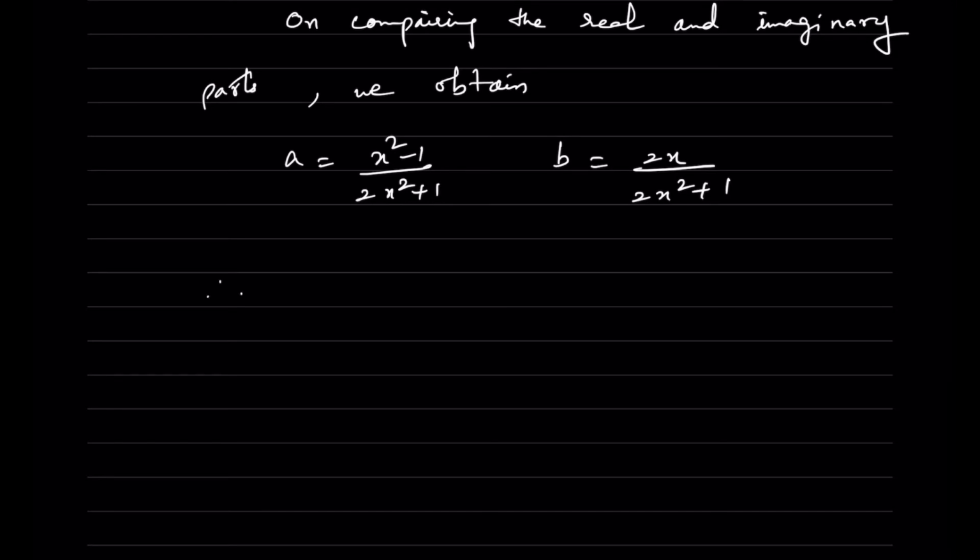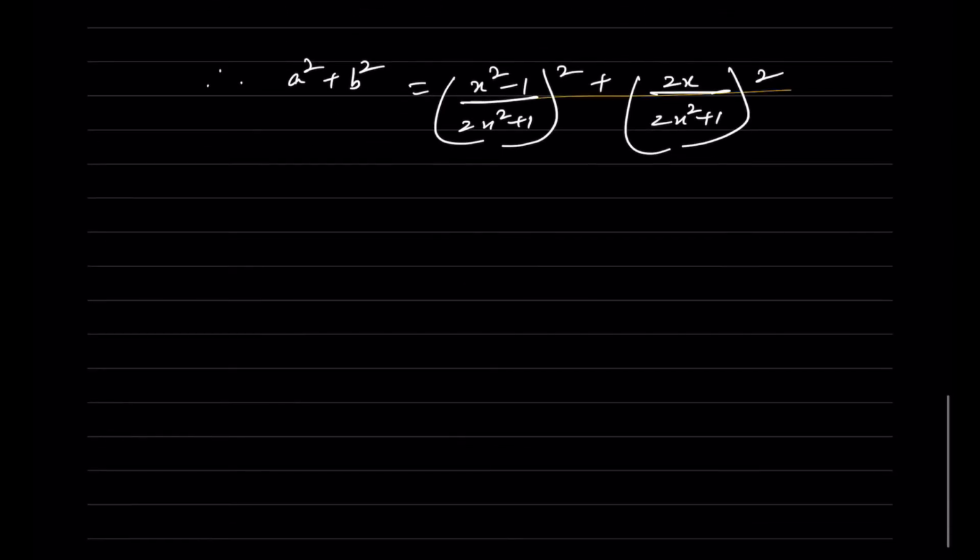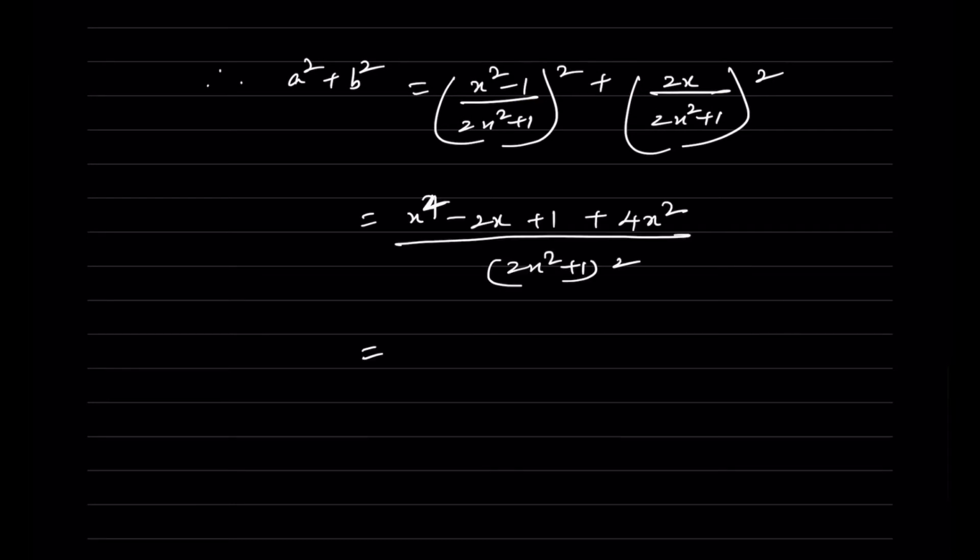So here what we have to prove is a² + b². So what is a² + b²? It's equal to ((x² − 1)/(2x² + 1))² + (2x/(2x² + 1))². So this can be written as (x⁴ − 2x² + 1 + 4x²) / (2x² + 1)².